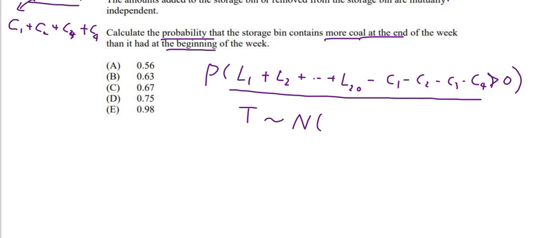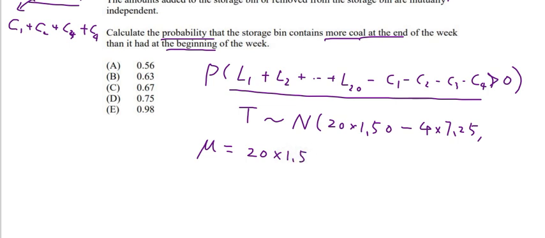So the mean is 20 multiplied by 1.5, minus 4 times 7.25, the mean for C. So let's calculate and find this first. We find this equals 1. So the mean is 1.